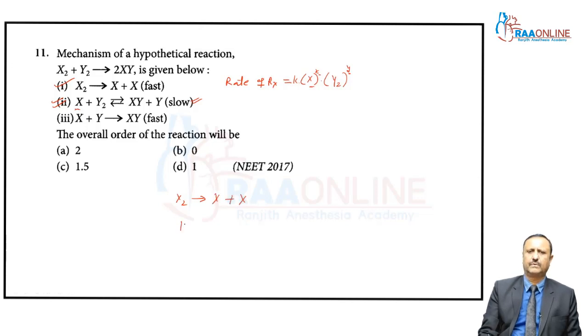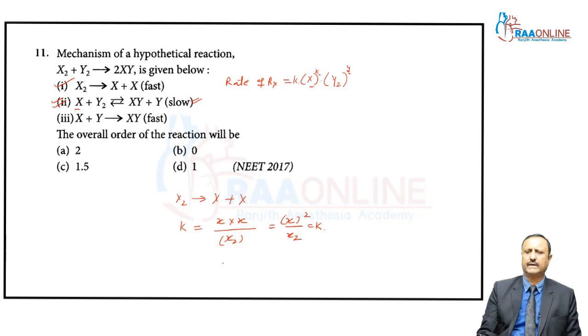And when you put this k, then k is equal to x into x upon x2. Here you can say x square upon x2 is equal to k, my dear students.